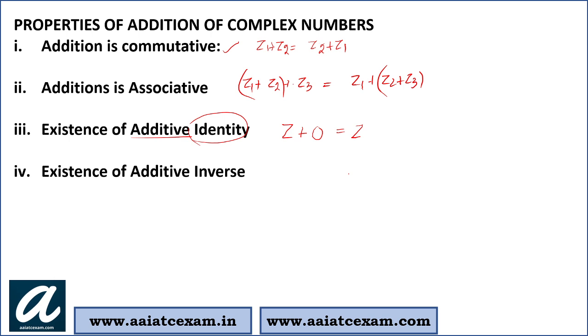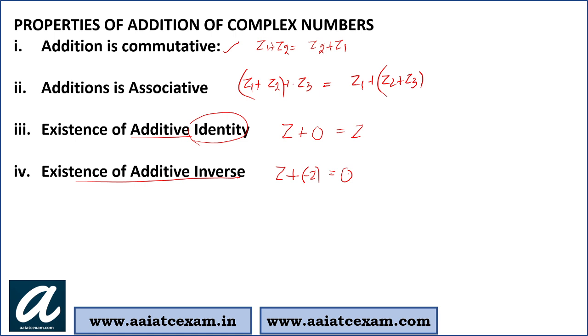Next is, what is additive inverse? Students, what do you mean by additive inverse is that what number should I add in the given complex number so that the result is 0? So the answer is minus z. I should add negative of this number so as to get the result 0.